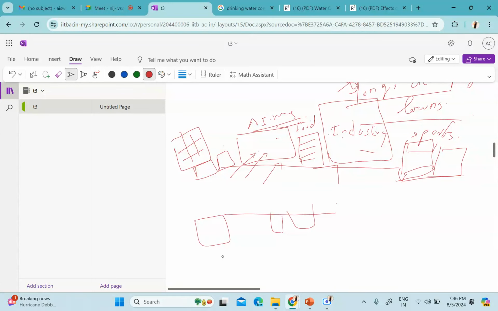Likewise, if AIIMS or IIT comes here, there will be a lot of staff, and the staff may have children who need schools, so small schools will come. That is how a city develops, and this particular area has scope to become an advanced state.